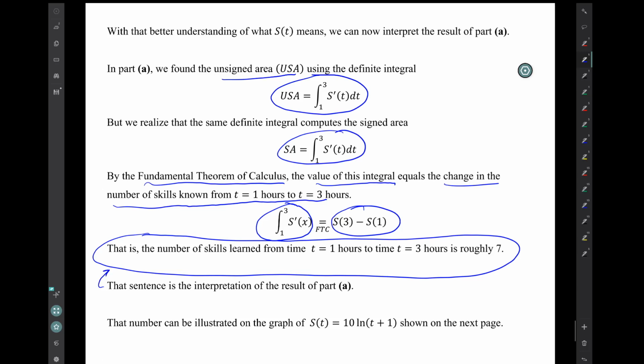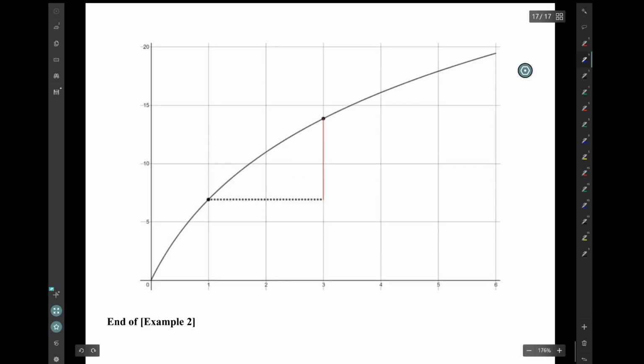Now that number can be illustrated on the graph of capital S, shown on the next page. Here's the graph of capital S of t equals 10 ln of the quantity t plus 1. And remember, what we just discussed is that this is the number of skills that the student knows at time t.